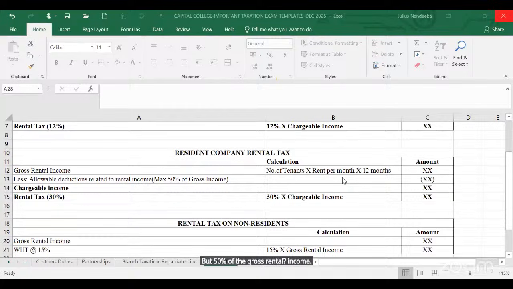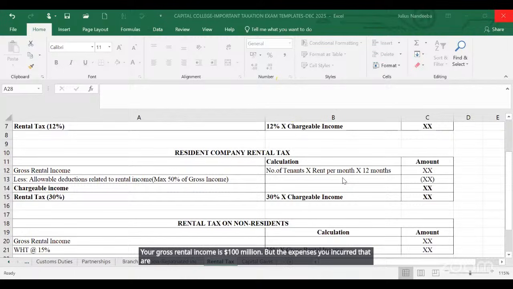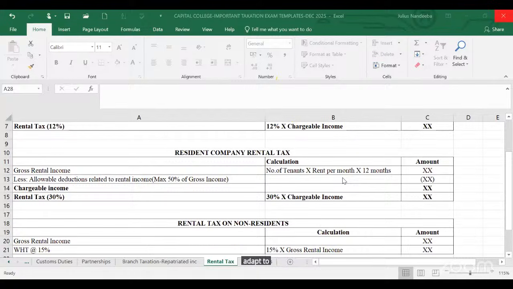What does that mean? And I will illustrate that. Assume your gross rental income is 100 million. But the expenses you incurred that are related in generating that rental income that are allowable add up to 70 million. Can you claim all the 70 million? No. Why? Because they exceed 50% of the gross rental income.